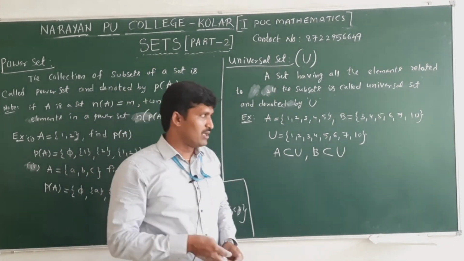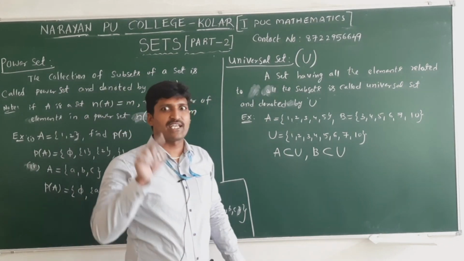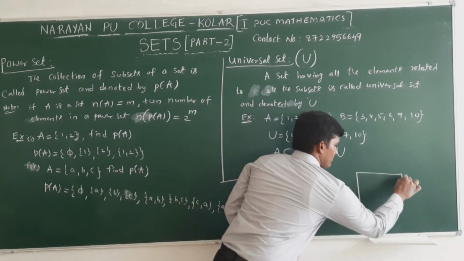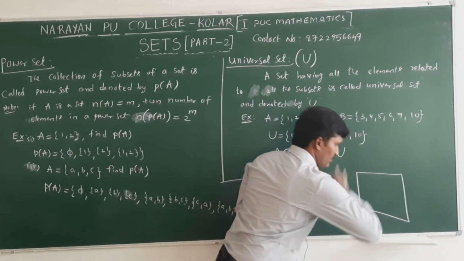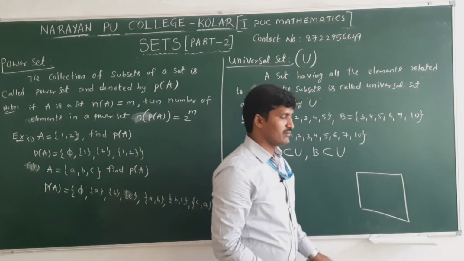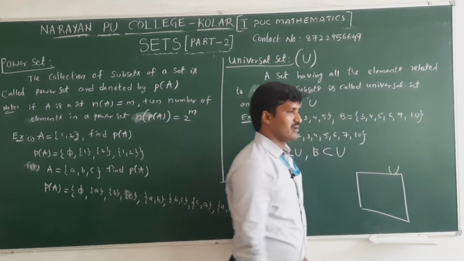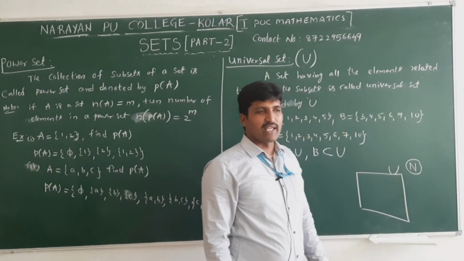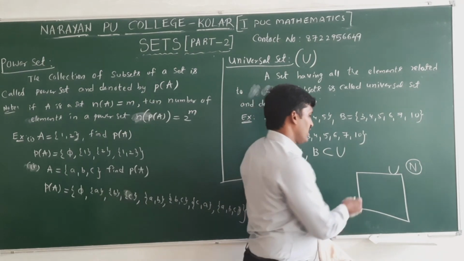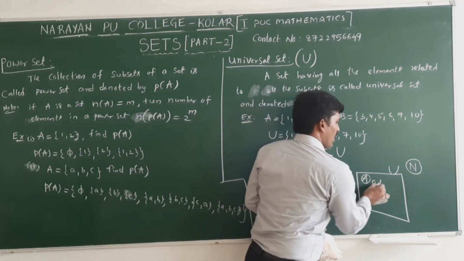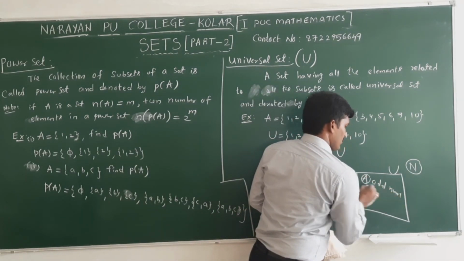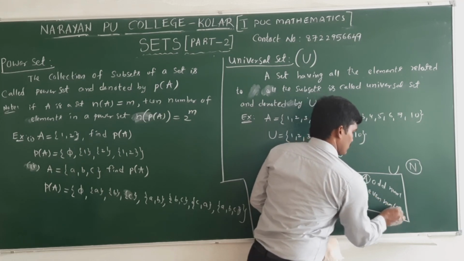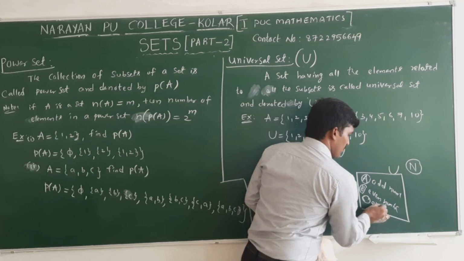Different condition: for example, I consider the universal set as the natural numbers. This is a complete space we can take. This is U if we consider. U I considered which one? Natural numbers. In the different subsets, what can I take? A, odd numbers. B, even numbers. I can take even prime number.